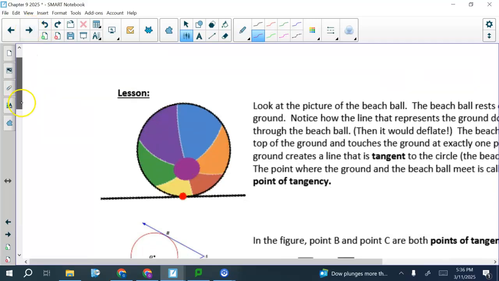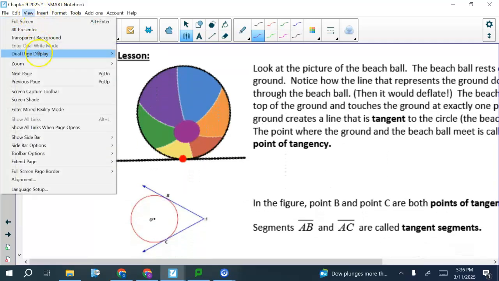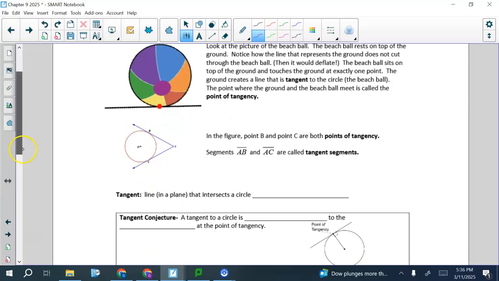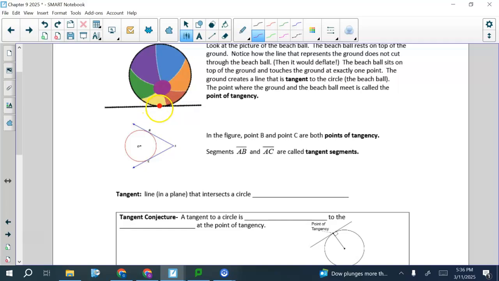This one's just refreshing a little bit on the point of tangency. If you think of a beach ball sitting on the ground, right where it connects to that line is called the point of tangency.